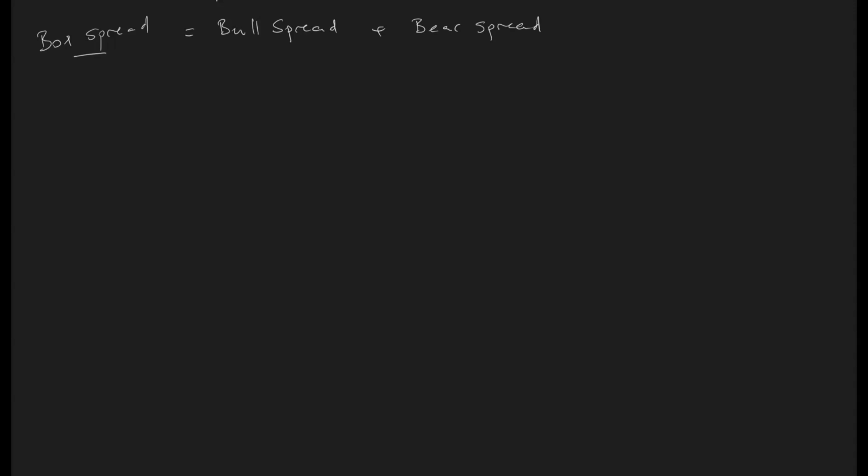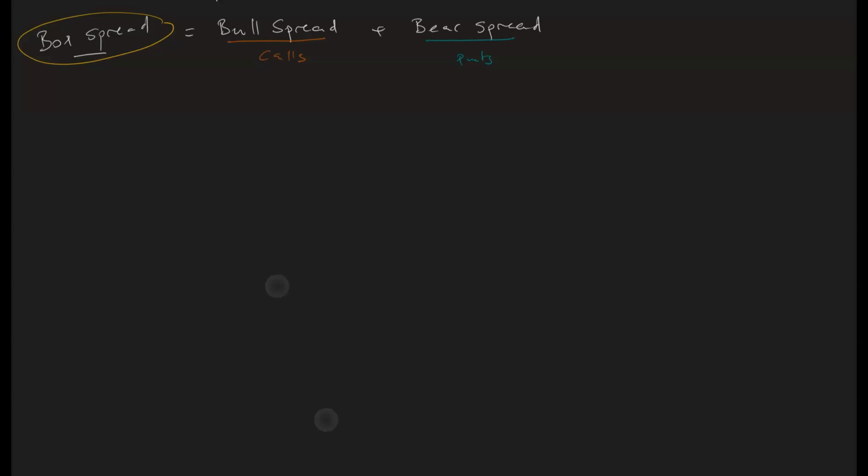Now the difference is that we're working with a bull spread using calls and a bear spread using puts. And so what were the outcomes for both of these strategies? That way we can figure out what is the outcome of a box spread strategy.